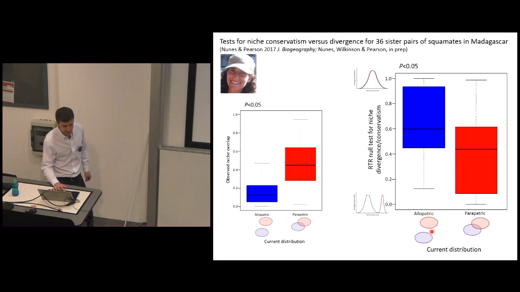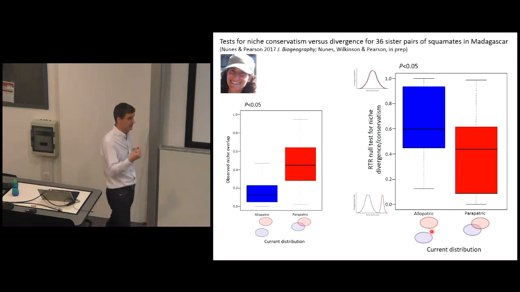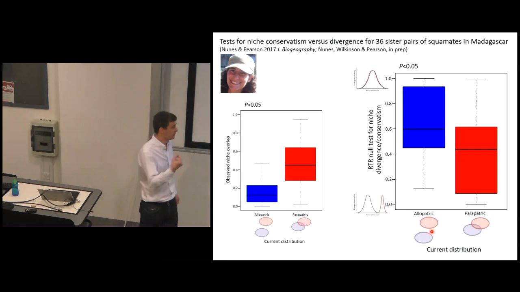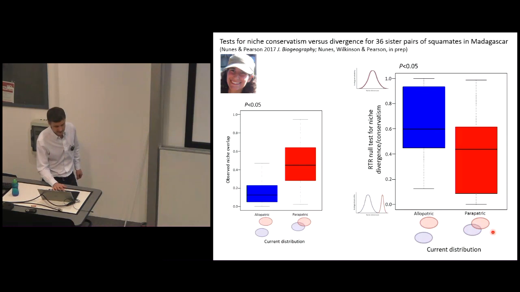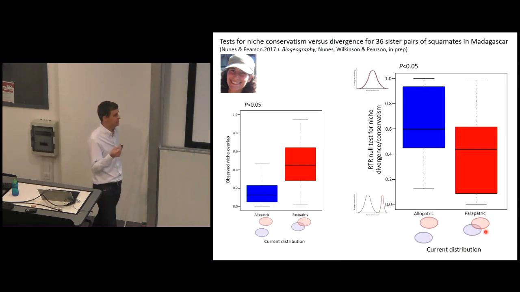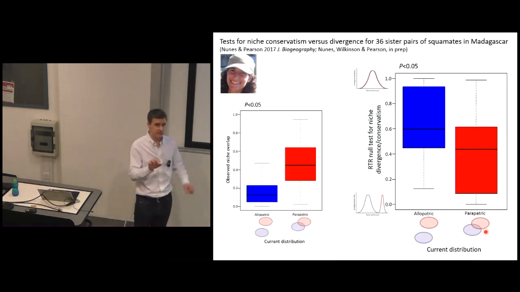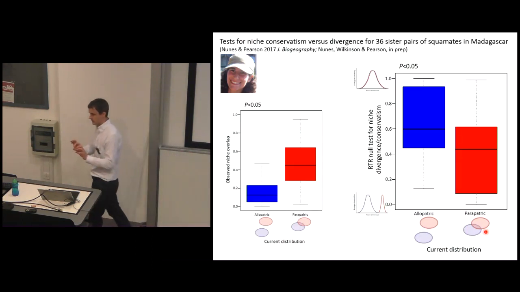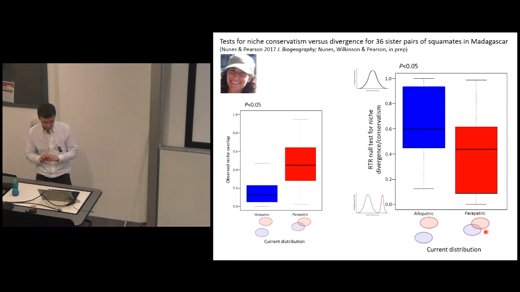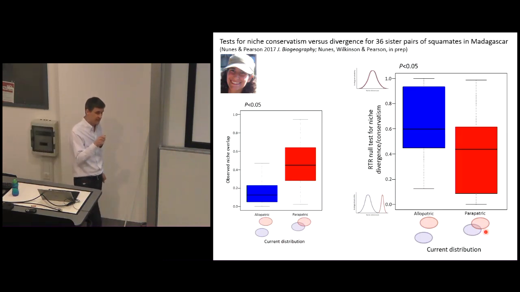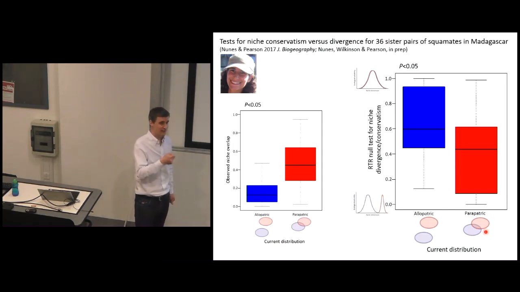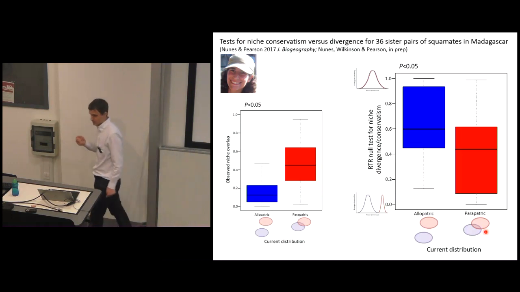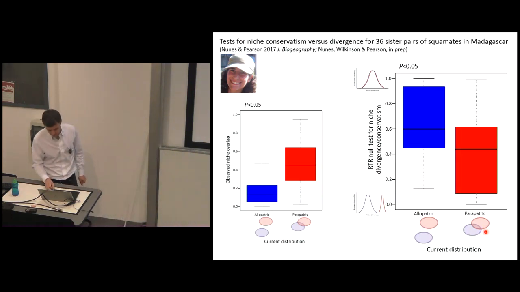This is showing allopatric distributions do seem to have conserved ecological niches, which points towards an allopatric mode of speciation, whereas potentially this is more support that we are actually seeing parapatric speciation, again because the niches are more diverged than you would expect given the current distributions. So it's supporting expectations, but I'm by no means going to go so far as to say that it's the nail in the coffin that we are actually able to prove these processes.